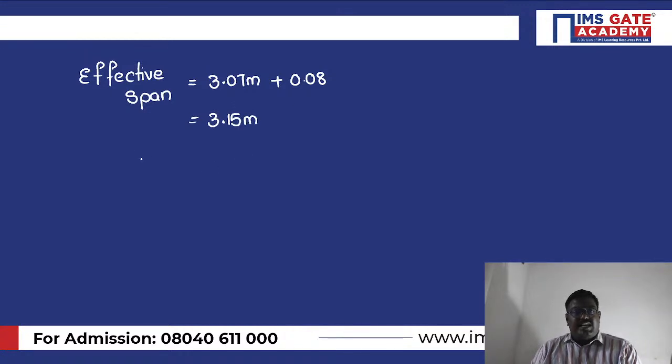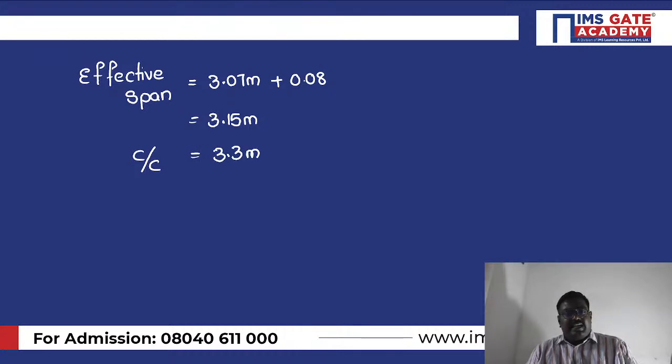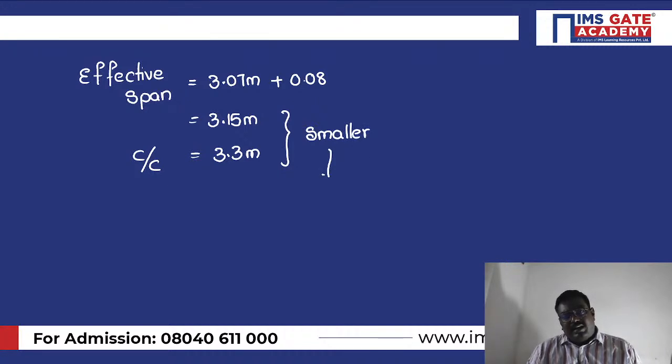Now we have center to center distance of 3.3 meter and the effective span of 3.15 meter. Out of these, whichever is smaller will be your answer. So the smaller is nothing but 3.15 meter.